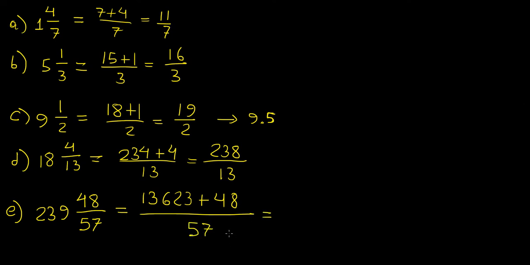Now we do the top, which is going to become 13,671 divided by 57. So this would be the simplest way, or at least the lowest way, of representing that mixed number as an improper fraction.